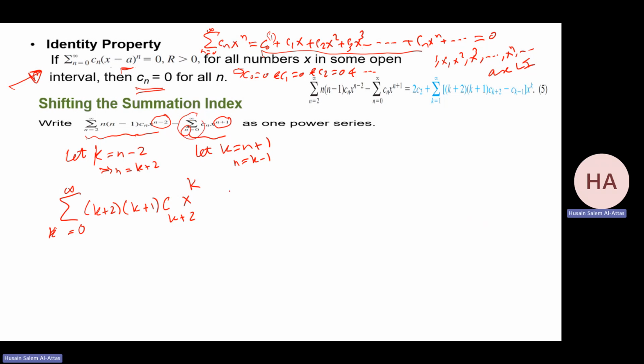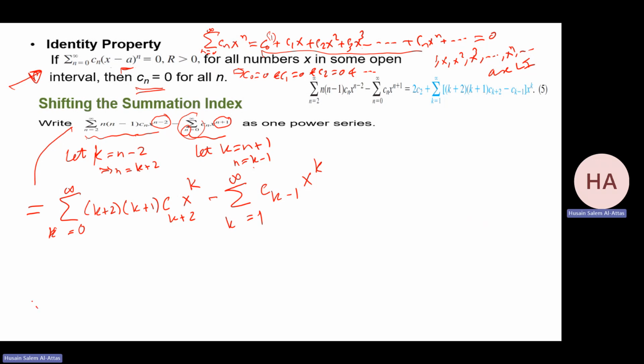For this summation, I have k minus 1 equals 0 to infinity, or I can say k starts from 1. And change the rest: Cn means c of k minus 1, x to the power k. So this equals that.